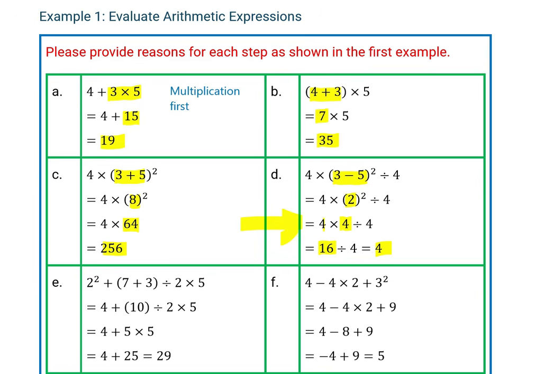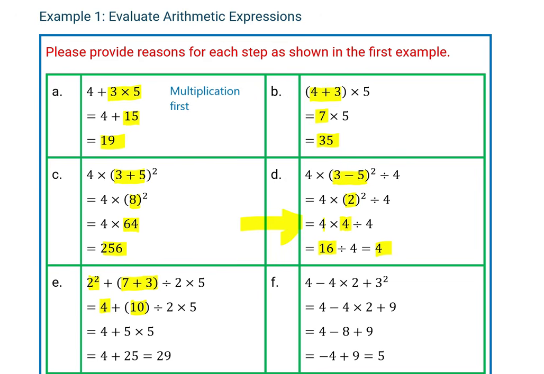Now we have 2 square plus (7 plus 3) divided by 2 times 5. The bracket part is 7 plus 3, which is 10. Now 2 square is fairly independent, so we write that also in the same statement as 4. So we have 4 plus 10 divided by 2 times 5.